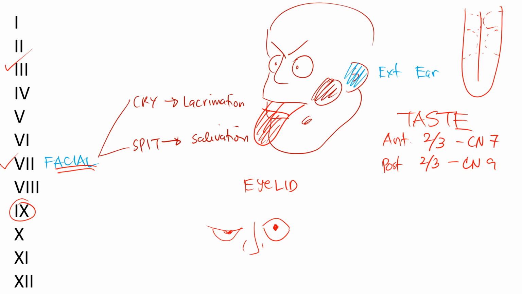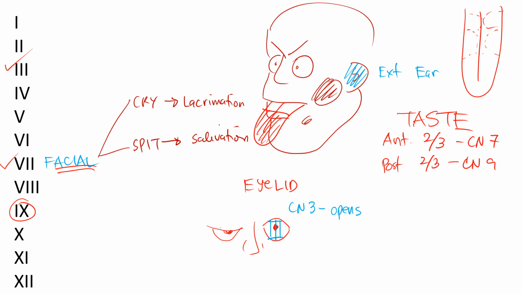Now, here's what you should remember. Picture a pillar that props up the eyelid, or that keeps the eye open. That's cranial nerve 3. So basically, your cranial nerve 3 opens. Okay?